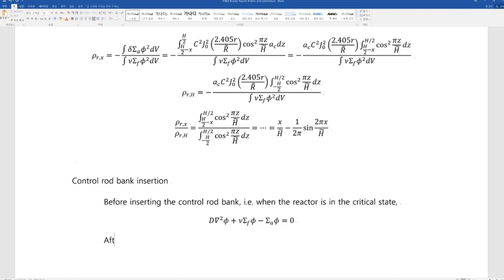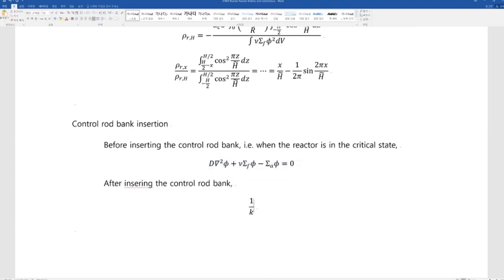So after inserting the control rod bank, previously K was used to indicate the case before inserting the control rod.